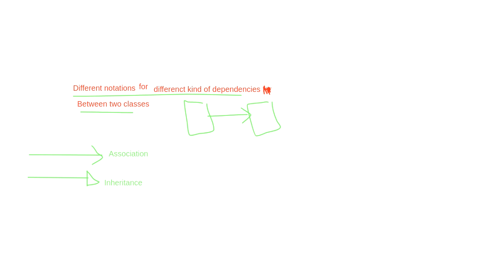And then you have another thing called realization or implementation. For that you will have dotted lines like this. It should be straight, I'm unable to draw it straight. This is called dependency. Generalization and inheritance are both the same.